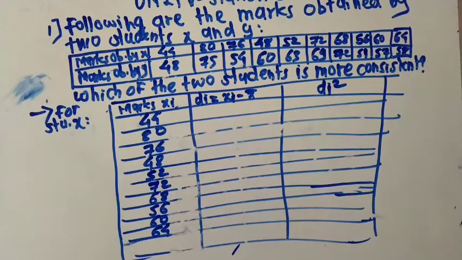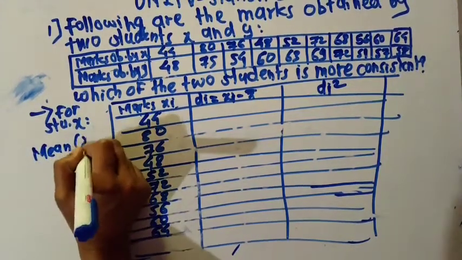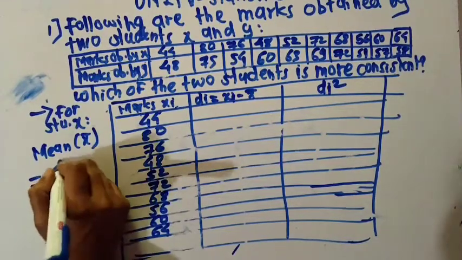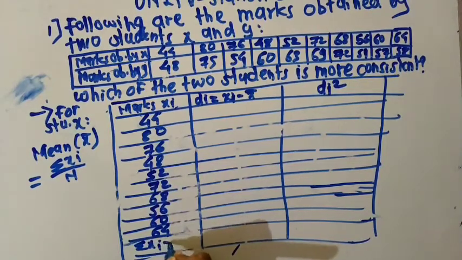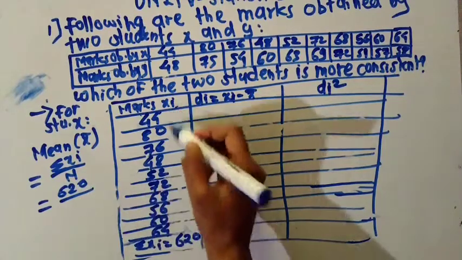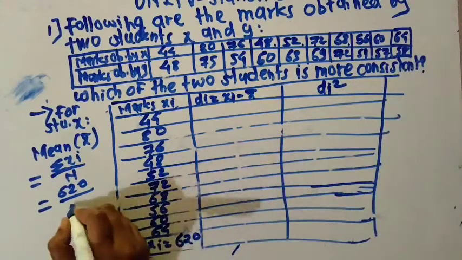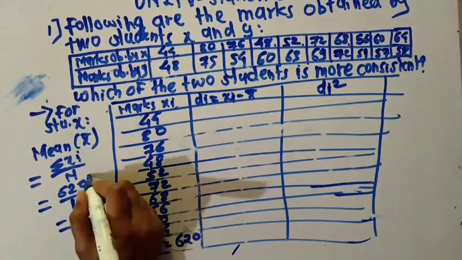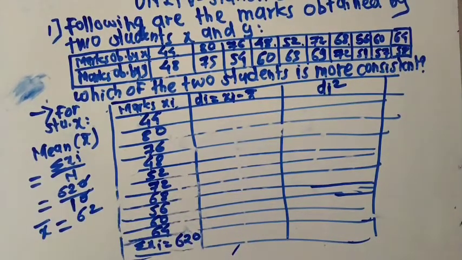Now the mean x bar is equal to summation of xi upon n. Here summation of xi is 620, and 620 upon n, where n is the total number, 1 2 3 4 5 up to 10, is equal to 62. So mean x bar is equal to 62.